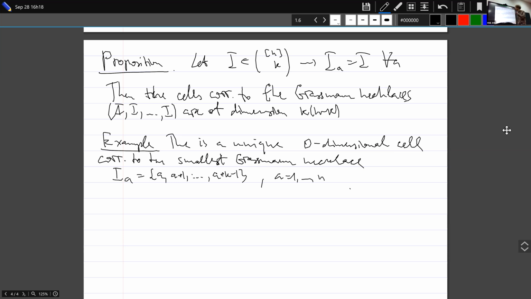So there is a single zero-dimensional cell, and this zero-dimensional cell corresponds to this.